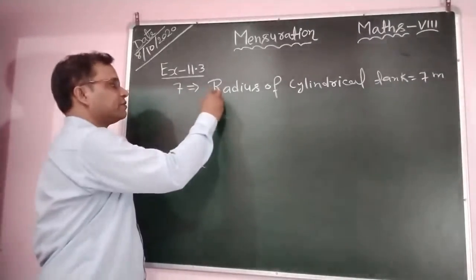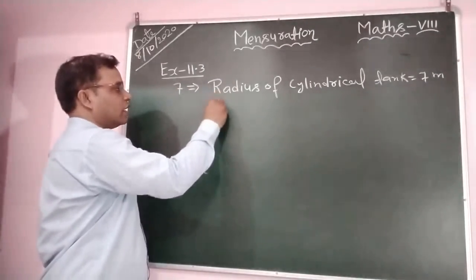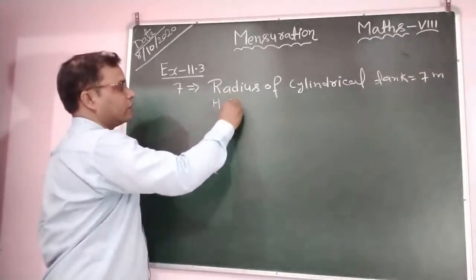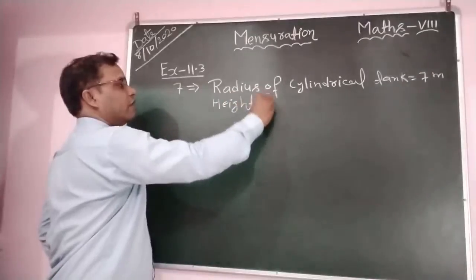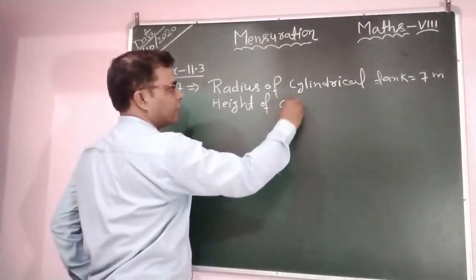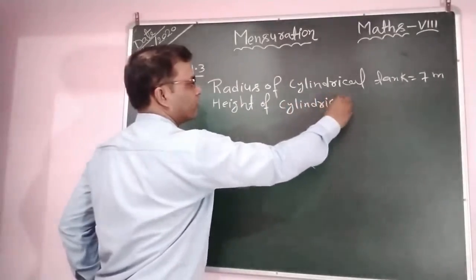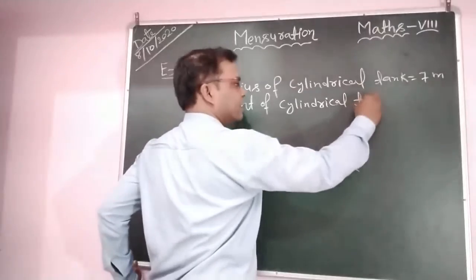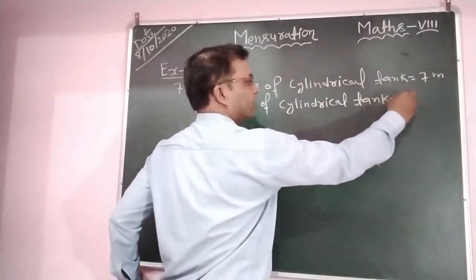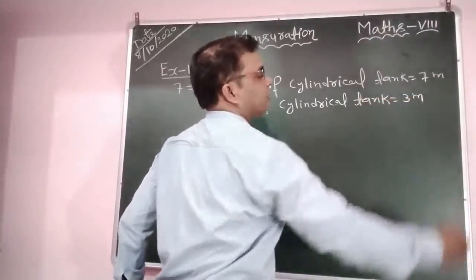So we write height of cylindrical tank is equal to 3 meters.